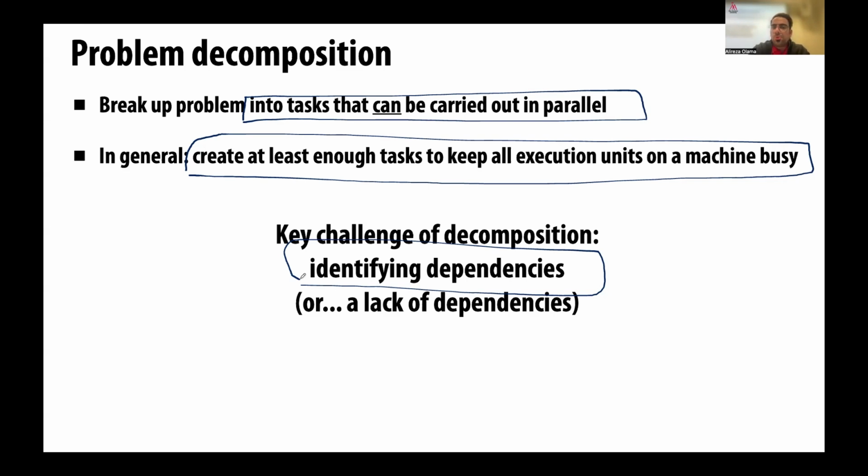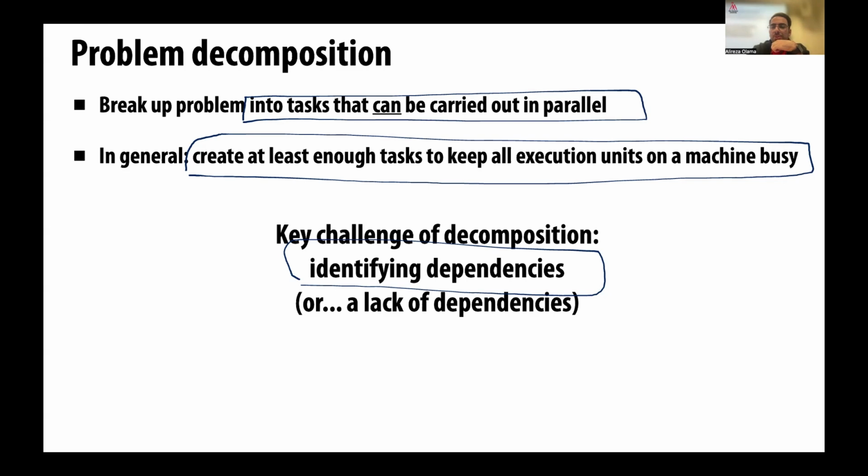It makes your program be executed in a serialized manner. And we will see that that could be problematic even for problems with a very small amount of dependencies, right?